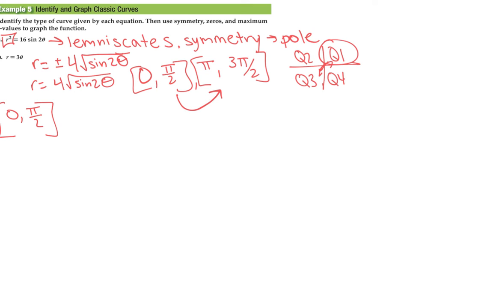Rather than having to go back and create a table for the sine and cosine curves in that rectangular format, we can see, because we are focusing from 0 to pi over 2, that we get a maximum when our a value is 4, because that is, by definition, our amplitude.